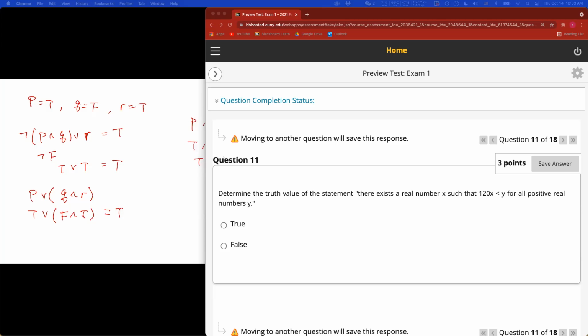Anyone? What is all the positive number? Like, can you give me an example that's smaller than all the positive number?